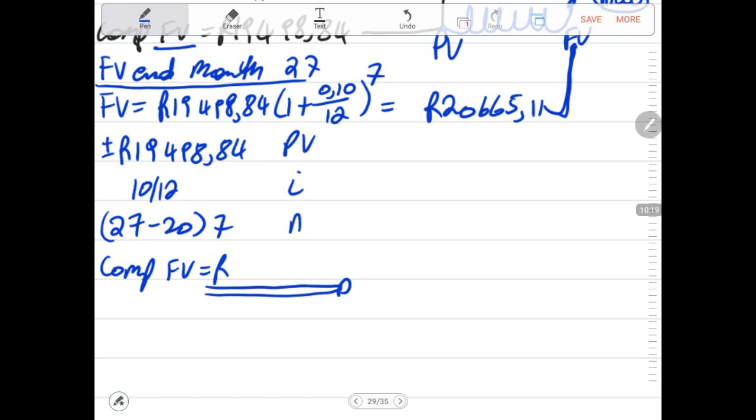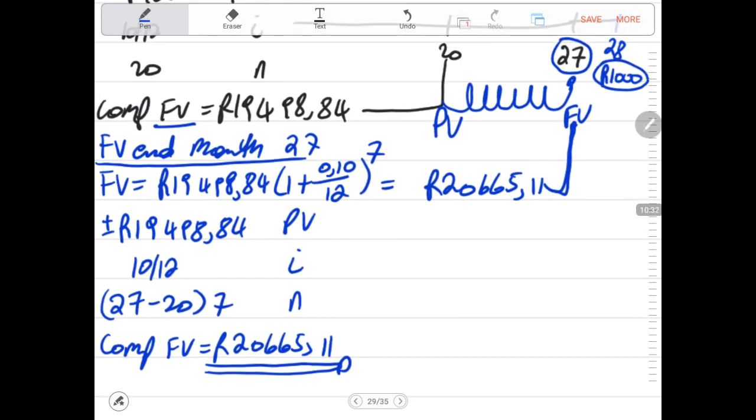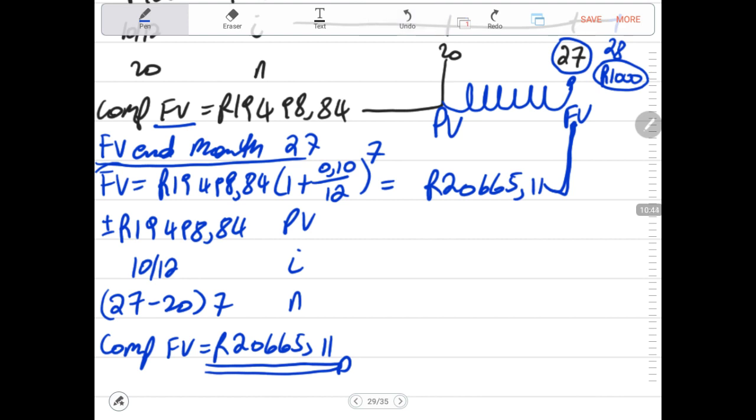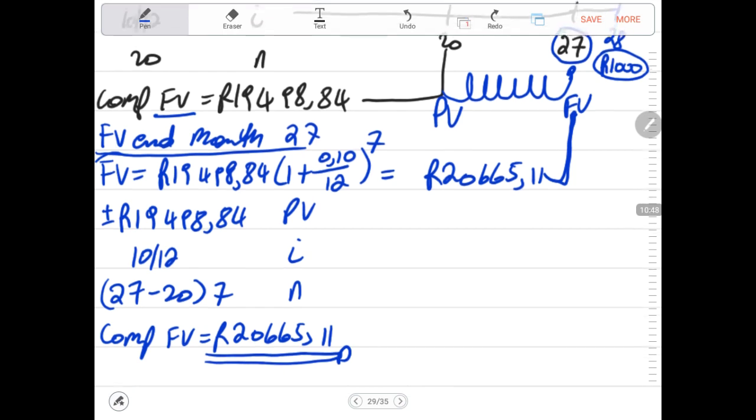We compute the future value. We still get the same 20,665 rand 11 cents. So what I'm trying to bring across to you guys is that you can use this formula, which is sum accumulated, which I introduced to you when we dealt with the compound interest topic. So you don't have to always stick to the functions of the calculator.